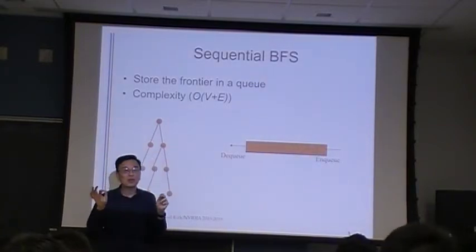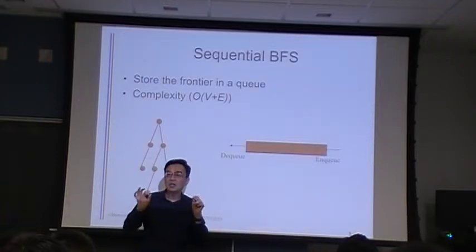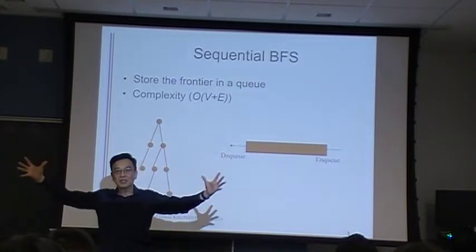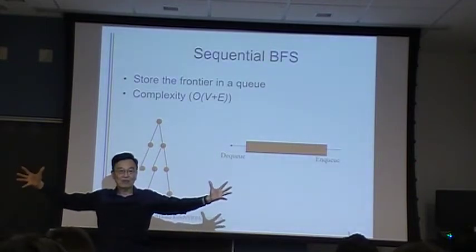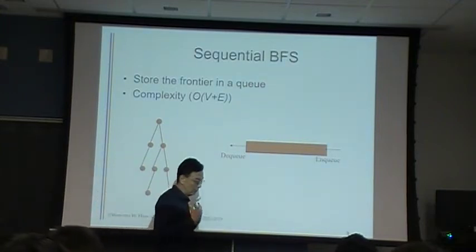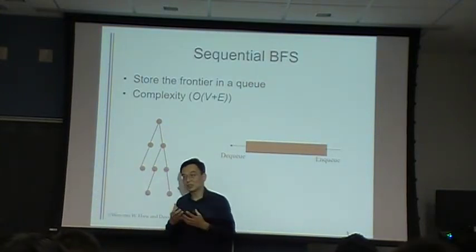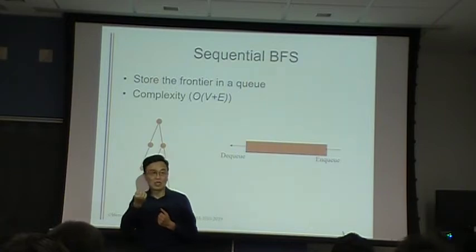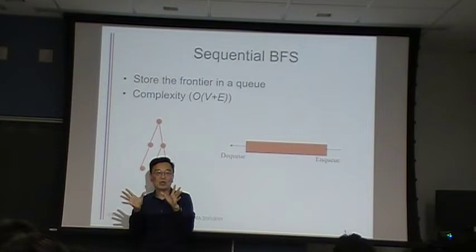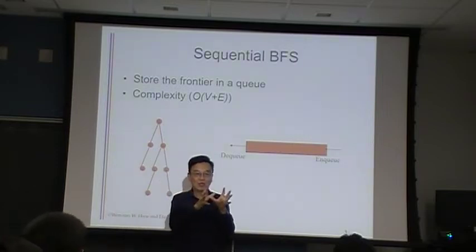So it's a linear algorithm. The complexity is linearly proportional to the size of the graph. If you have a lot more edges than nodes, then it's proportional to the number of edges. If you have a lot more nodes than edges, because it's an extremely sparse graph, then it would be proportional to the number of nodes.